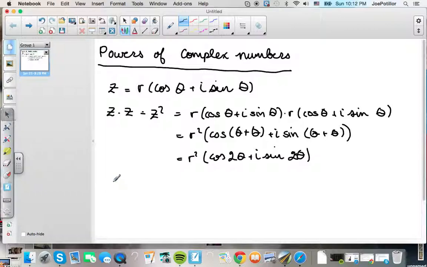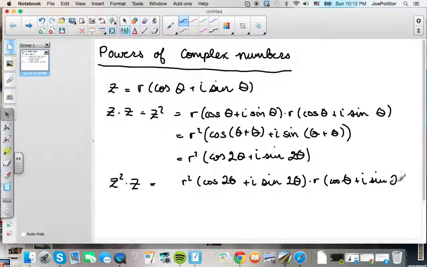And so if I take z to the second, multiply it by z, again, I get r squared cosine of 2 theta plus i sine of 2 theta times r cosine of theta plus i sine of theta, which, using our product rule, we multiply the moduli together, r's and r's, r squared times r is r cubed.